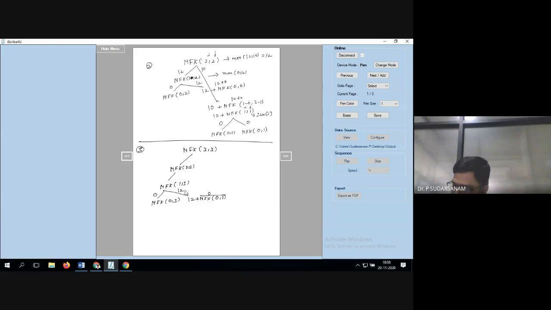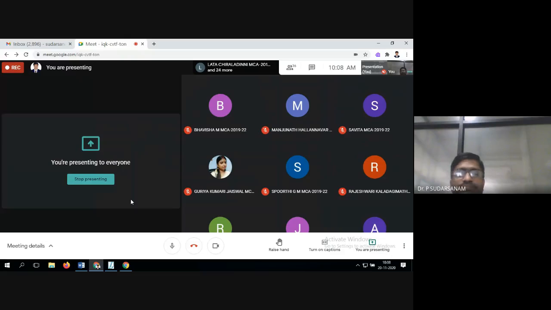Next this one, right hand side. So V2 is 10 plus MFK of 1 comma 2, I minus 1, J minus W of I, that is 3 minus 1, 2.